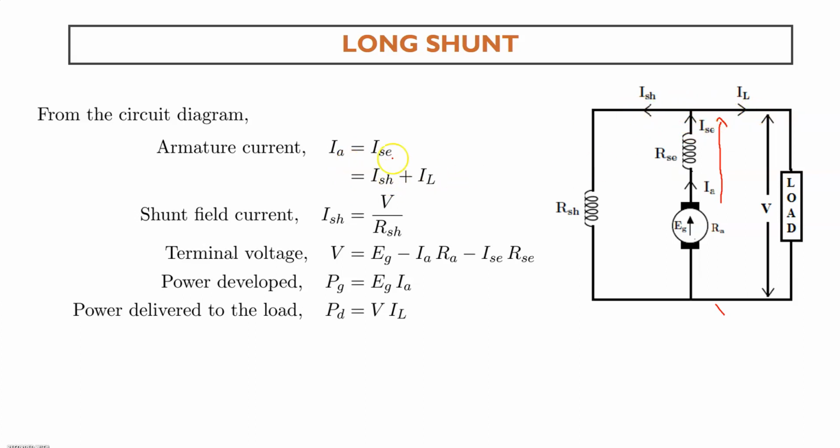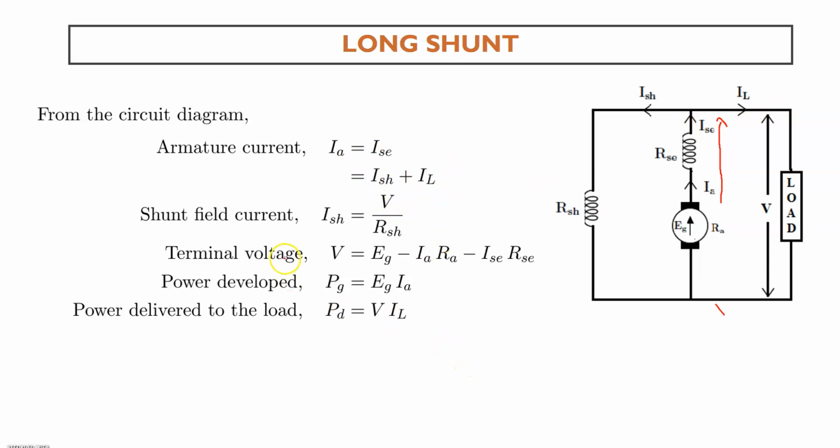So Ia is equal to Isc, which is equal to Ish plus IL. Ia equals Isc because the armature winding and the series field winding are connected in series, so the current is the same, but at this node it splits into Ish and IL. We can write Ia is equal to Ish plus IL.